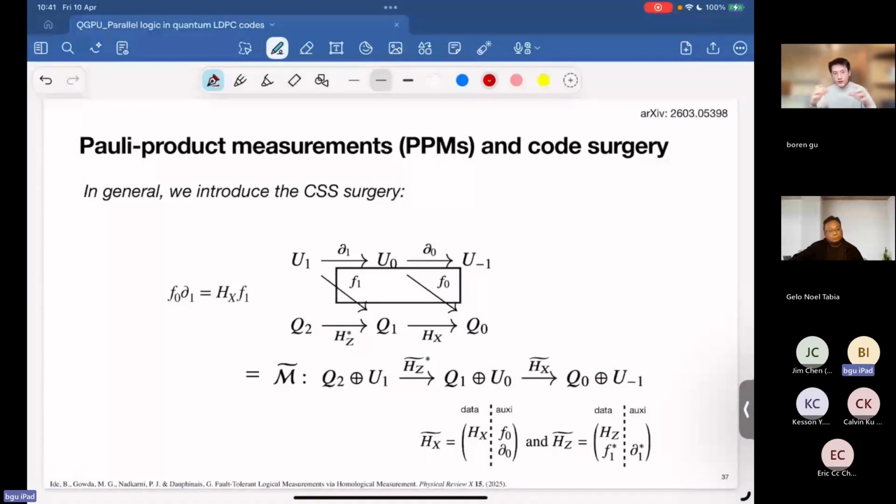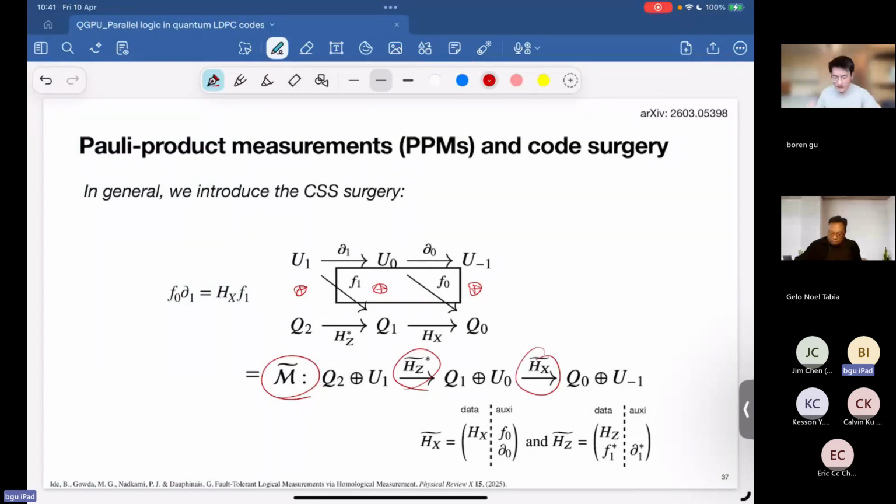After you have this valid mapping, a valid commuting diagram, what you get is a so-called merged code. What we do is simply take the direct sum of the different modules, R-modules or vector spaces. Then we are able to define two parity-check matrices as if they are CSS codes.